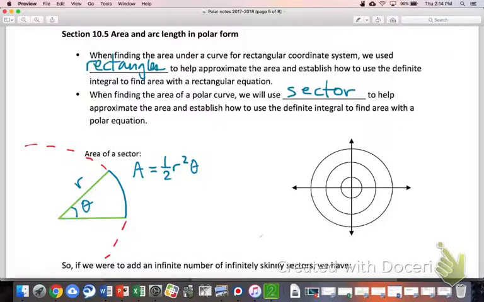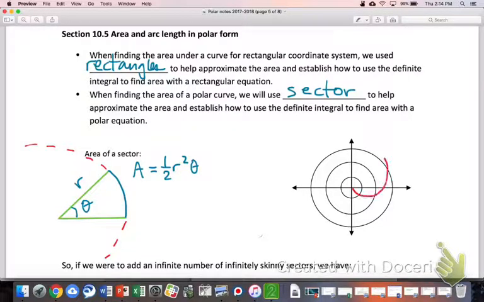Let me build this out. Let's go with the classic cardioid.